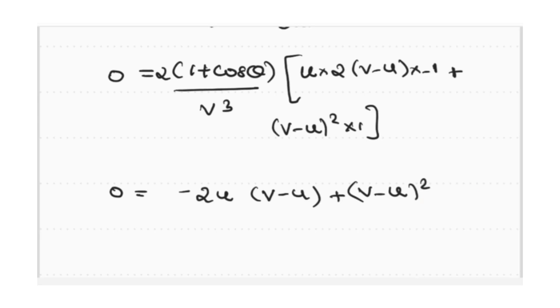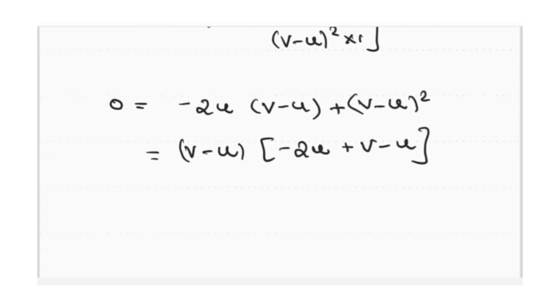We take (V minus u) common: (V minus u) into (minus 2u plus V minus u). We take (V minus u) to this side, so that equals 0.